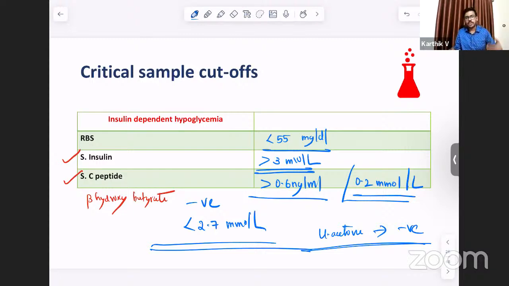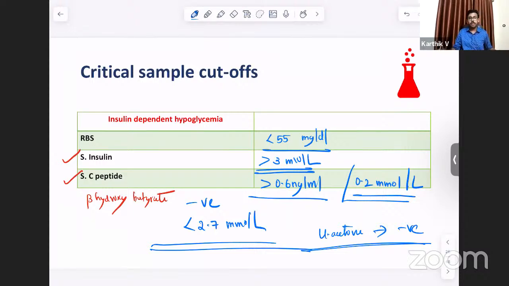Whereas in a patient without hyperinsulinemia, the insulin levels will be suppressed and the patient would develop starvation ketosis. So urine acetone positive in a patient with suspected hypoglycemic disorder is a point against hyperinsulinemia.